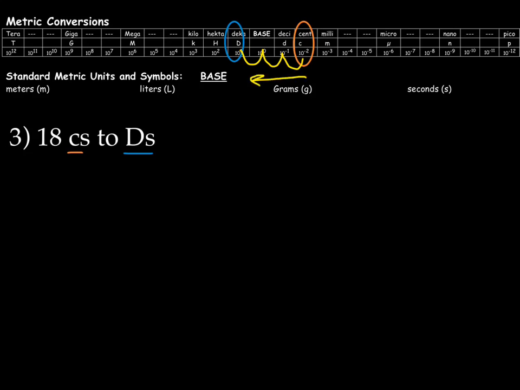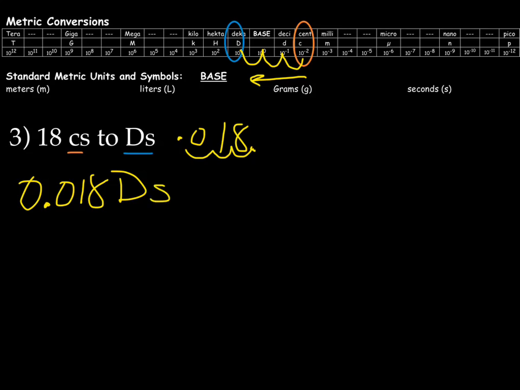To the left, from the unknown towards the known. So we have 18, and the invisible decimal is going to be right behind. We need to move that decimal 3 times to the left. So our answer will be 0.018 decaseconds. And that's our standard notation.